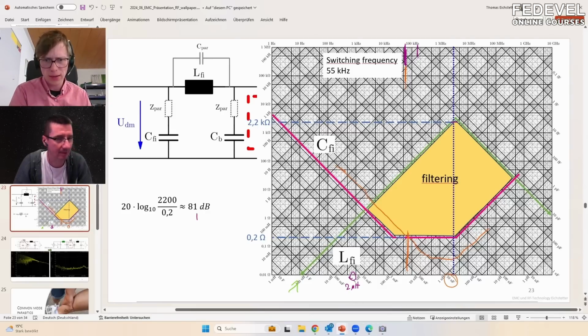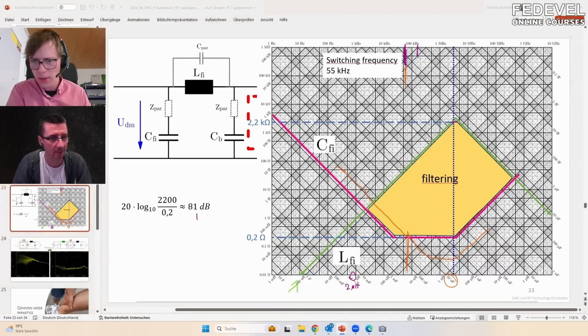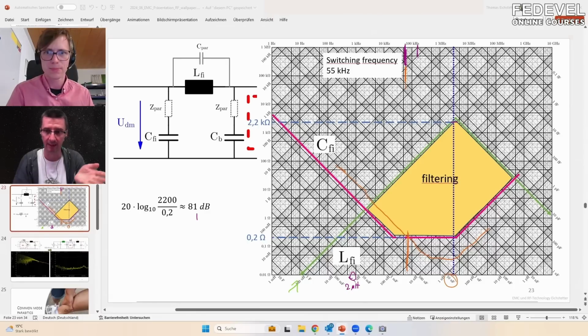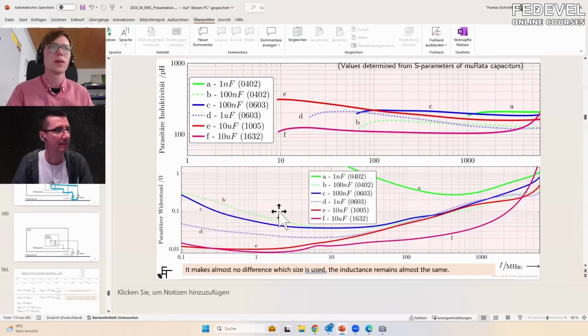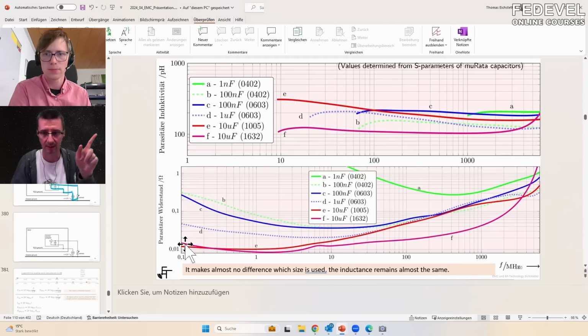Okay. So a 10 microfarad ceramic capacitor would have... maybe I have something prepared for you, because I was expecting some questions which I don't have directly on the slide. Here it is. So the best would be to have a look at the characteristics of different ceramic capacitors and then choose based on this.